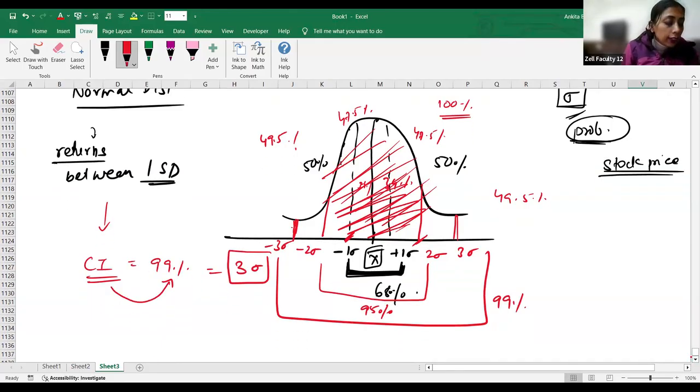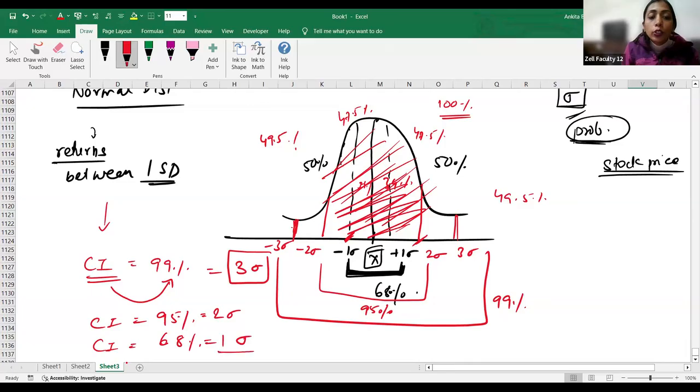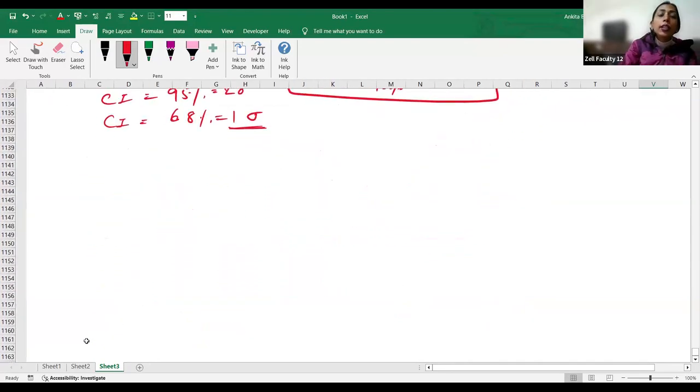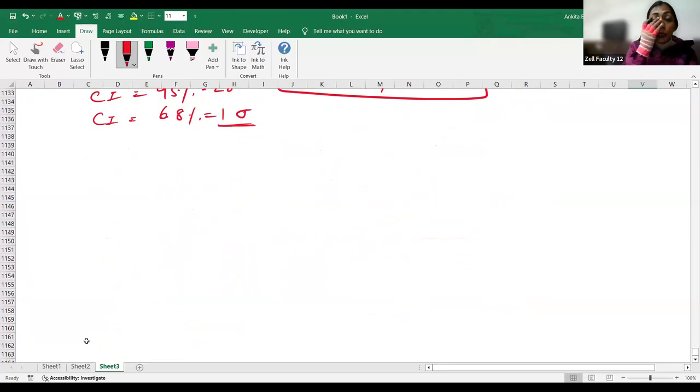Then I can say that 95% is the confidence interval that the values would be within 2 standard deviations of the mean, and I am 68% sure that the values would be within 1 standard deviation of the mean. So this is the significance of the normal distribution: it can tell you how sure you can be that the values would be in what kind of range if you have calculated your standard deviation.